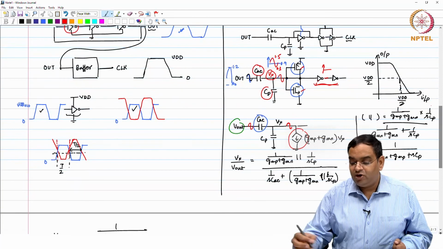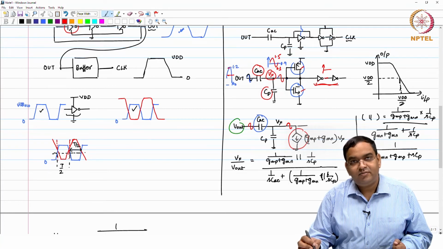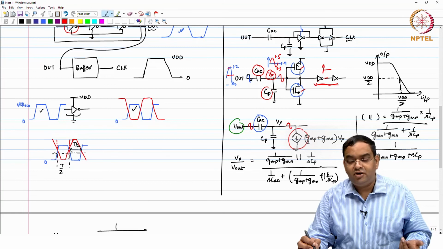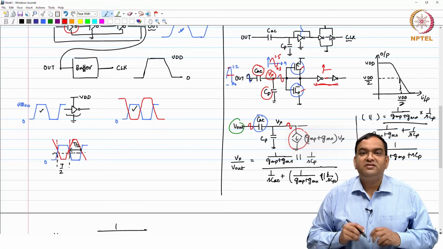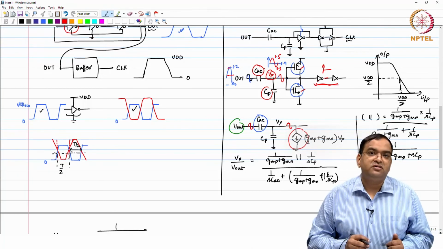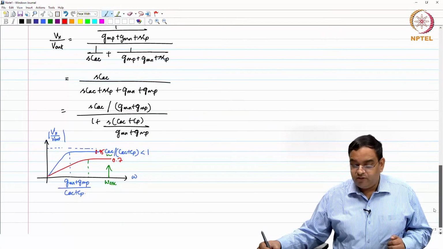Ideally you would like to get the same swing that is available here. If it is an amplitude of 0.6, you would like 0.6 to come here. You may not be able to do it, you may get maybe 0.55, 0.57 or something, but do not choose the capacitor value CAC such that the amplitude reduces, that will be more problematic. Okay. So, that is what we do.